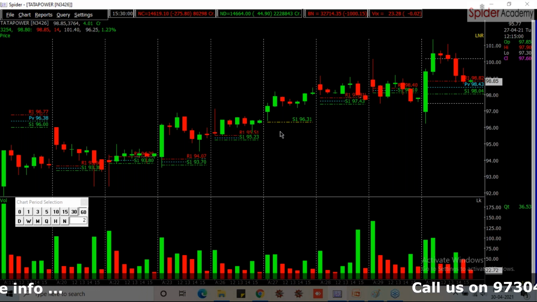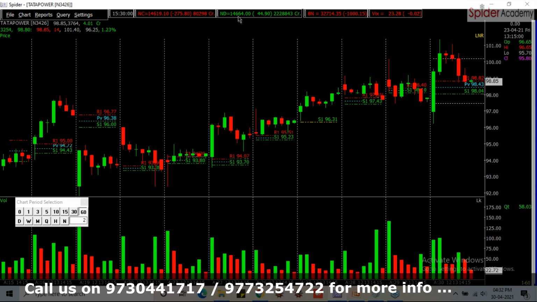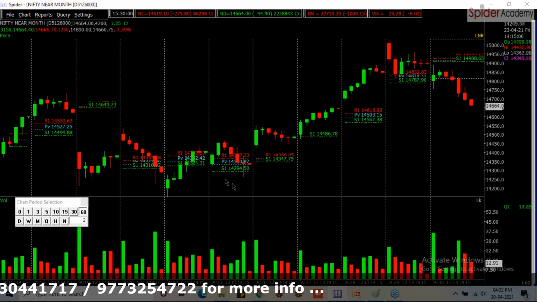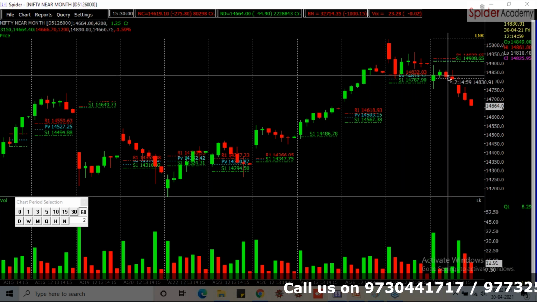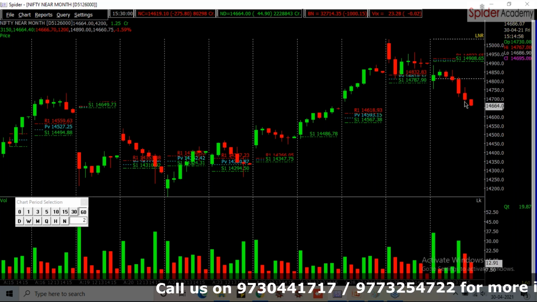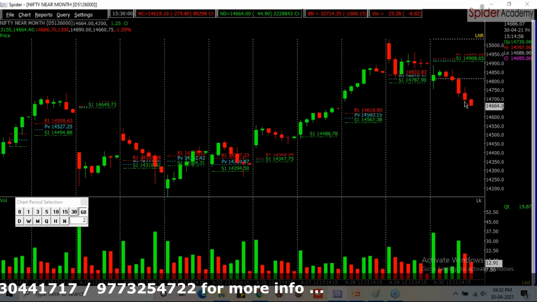In the same way, vice versa, if we find some stock which is falling, let's take an example of Nifty. Here also we can see the Nifty CPR is continuously rising, even for today. Now today we have got selling pressure. We will get more confirmation on Monday whether the CPR levels turn around.